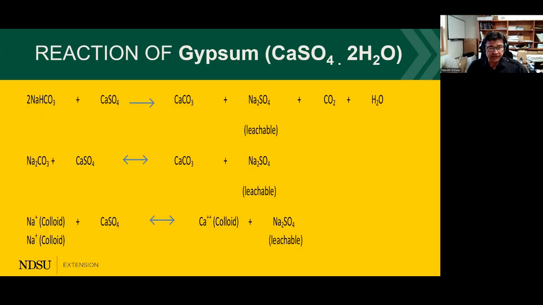So when we add gypsum to the soil, first that calcium, it came as calcium sulfate, calcium separates from sulfate, then it goes and displaces sodium from the soil particle negative charge, and then it neutralizes the negative charge of the soil particle. It starts flocculating soil particles together. And then sodium, now its positive charge is free, so it attracts a negatively charged ion. Now it's leachable.